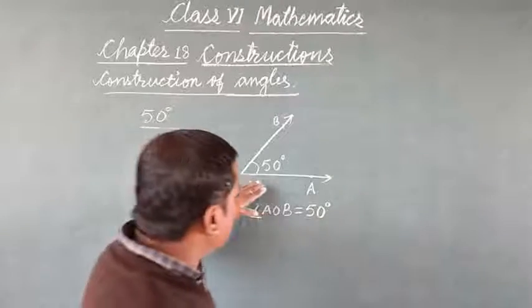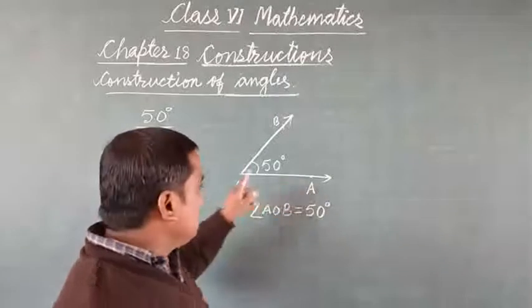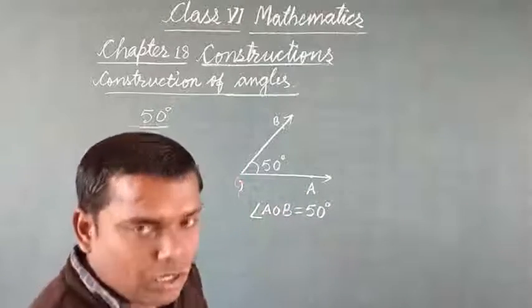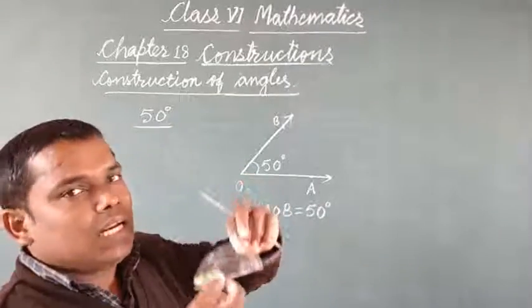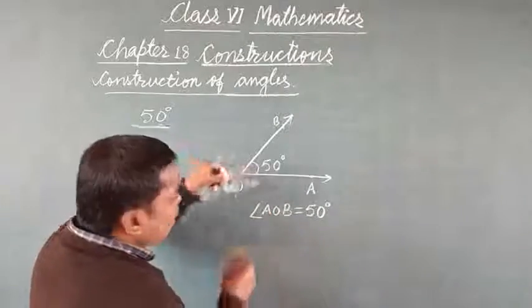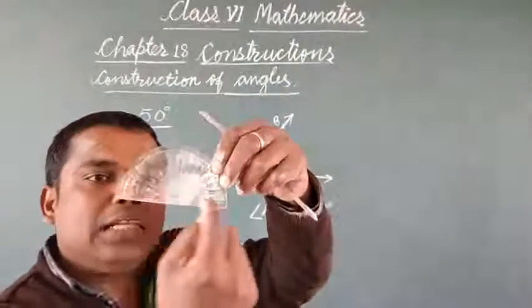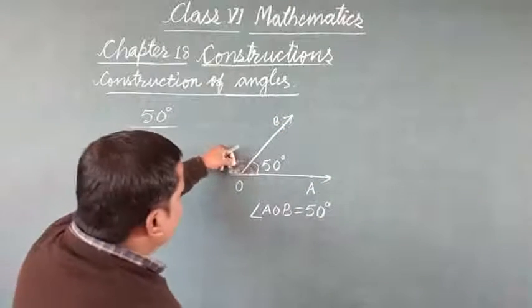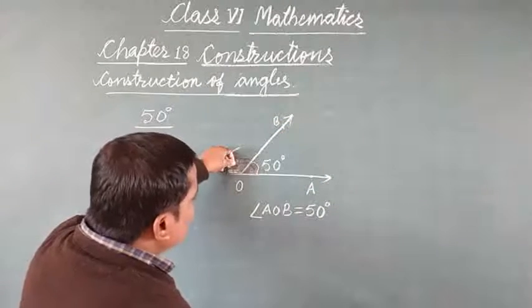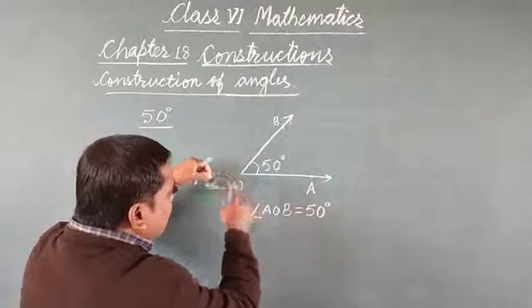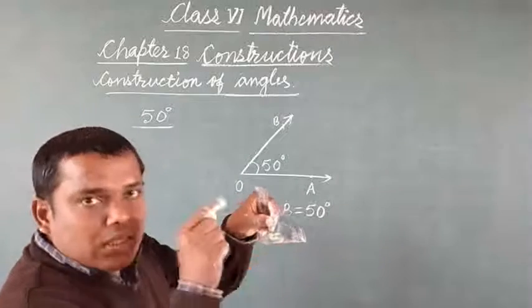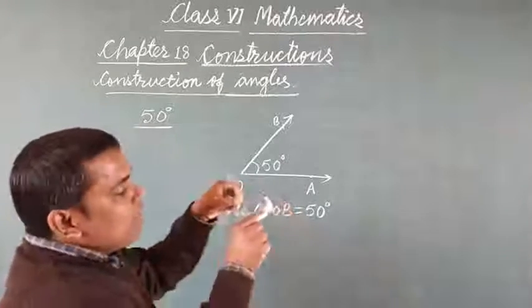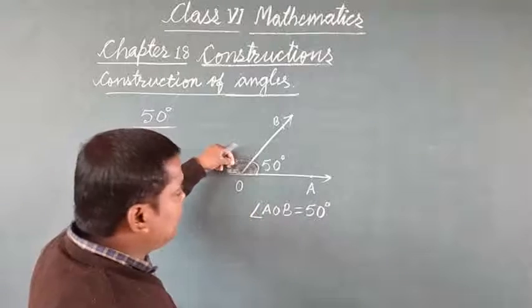Once more. First of all, we will draw this baseline. Then we keep the center of the protractor here at point O. Here is the line, that is the baseline of the protractor. We keep it exactly on OA, and we read the readings on the protractor. If you have to draw 50 degrees, we reach 50.